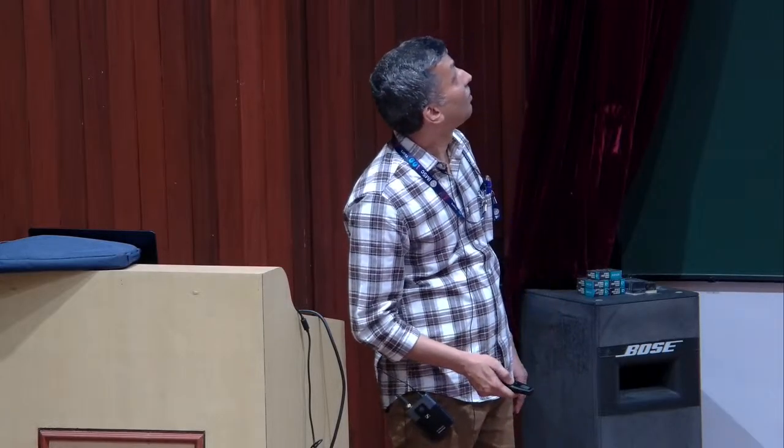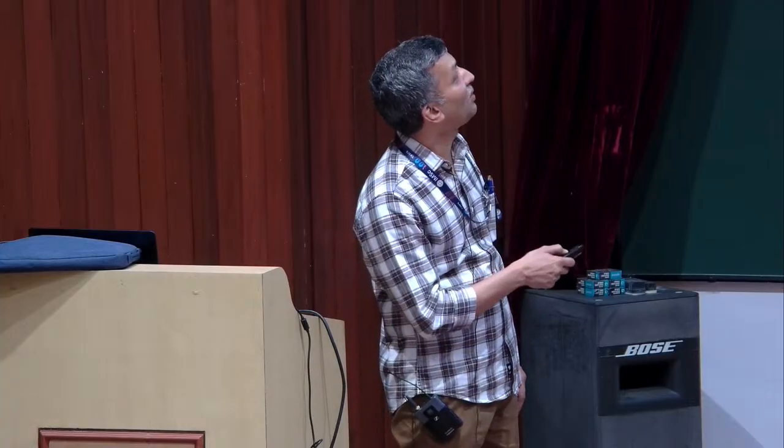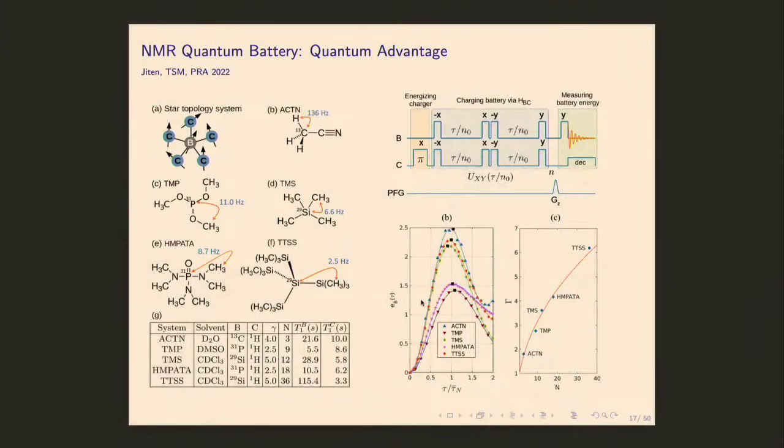Okay, this is a pulse field gradient, an experimental technical thing. You want to ultimately measure the population, and if you don't apply this, there will be some spurious artifacts from the leftover coherences. So this just cleans up all these things and measures only the populations.